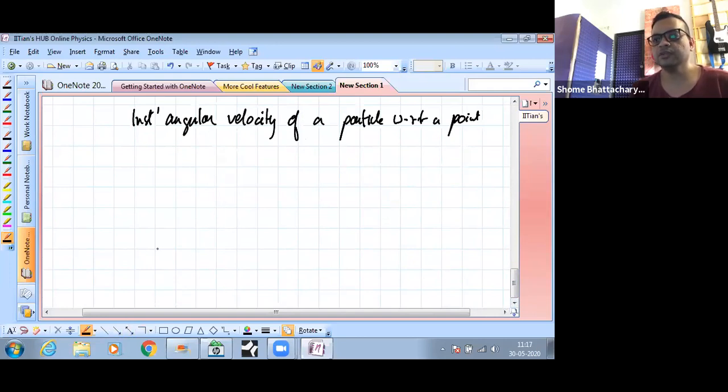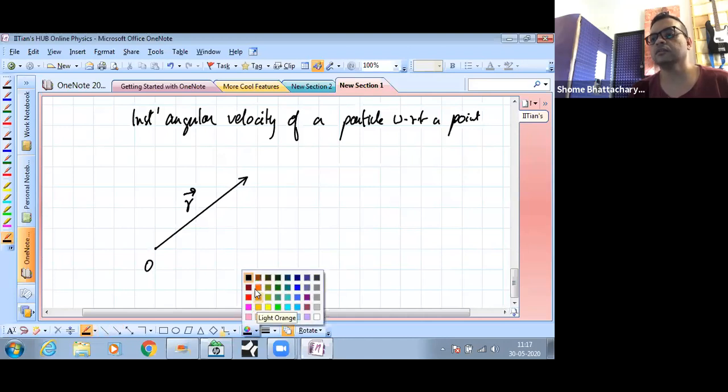For example, with respect to a point over here, if I want to understand a particle which is right now located at the position r and is having a velocity vector v, like this. So this particle P has an instantaneous velocity vector v.